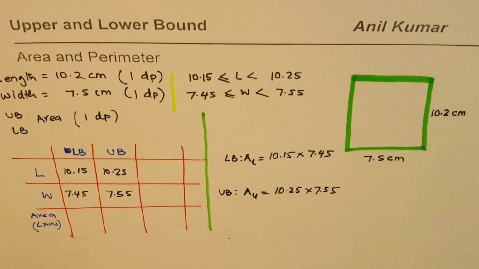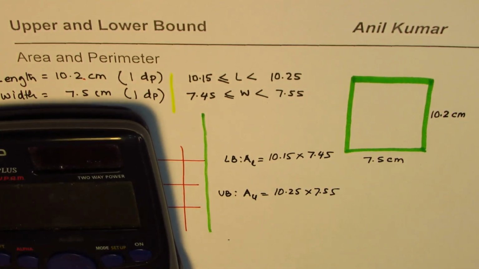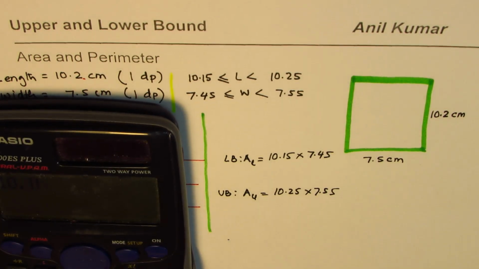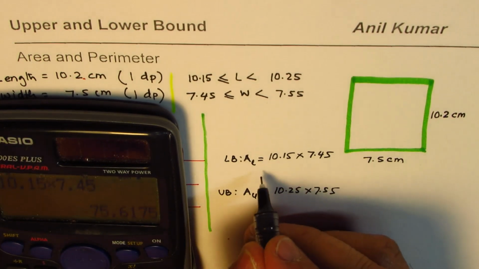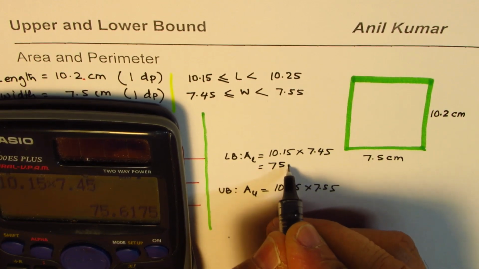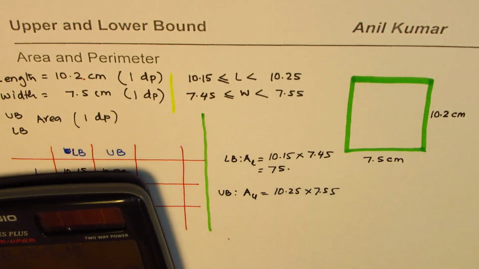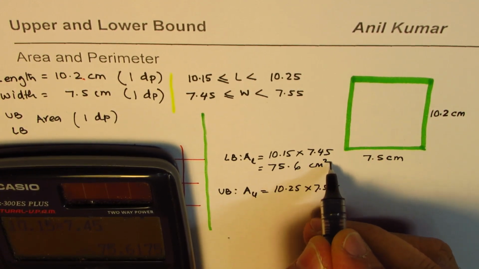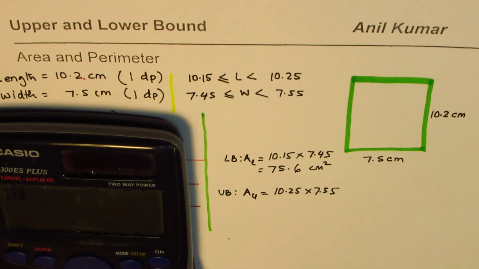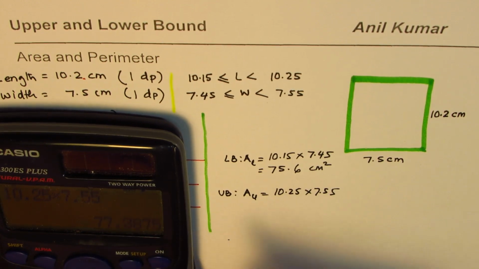7.55. Let's use the calculator to find the answer. 10.15 times 7.45 equals, in decimals, 75.61. We are rounding to one decimal place, so let me write this as 75.6. Units will be centimeters squared. Units are important to write. 10.25 times 7.55 equals, in decimals, 77.38.